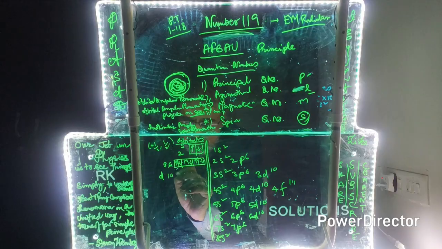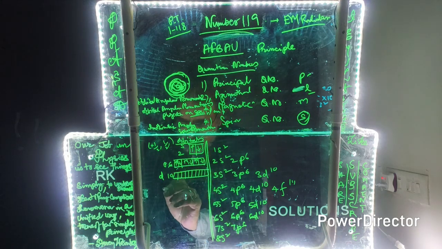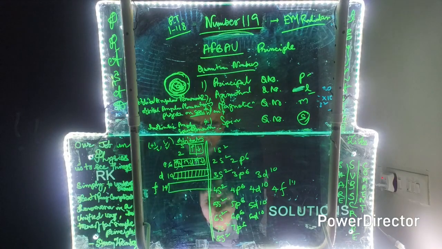D can house up to 10, like 1, 2, 3, 4, 5, 9, 10. So 10 again, up, down, like that. F orbital can house up to 14. Okay, 1, 2, 3, 4, 5, 6, 7, 8, 9, 10, 11, 12, 13, 14. So these many electrons they can house.